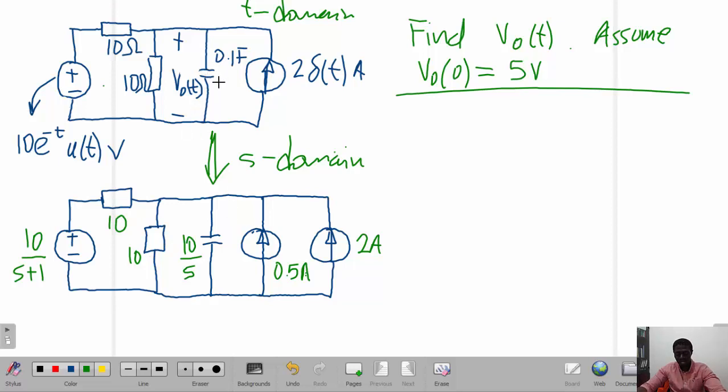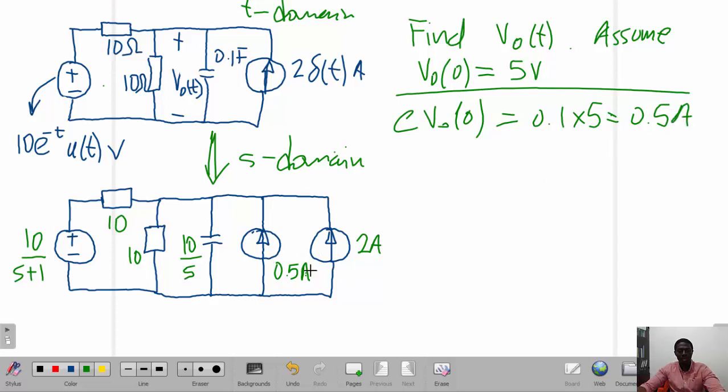Across the capacitor here, we've got 10 over S when we convert that, and then we chose to convert the capacitor into a capacitor parallel to a current source, and the current source value is calculated from C V naught from the initial conditions, and this gives us 0.1 multiplied by 5, and it simply gives us 0.5 amps.